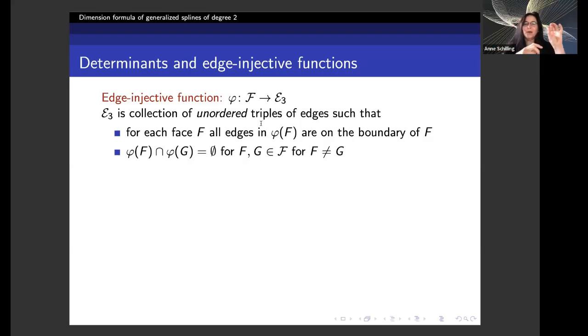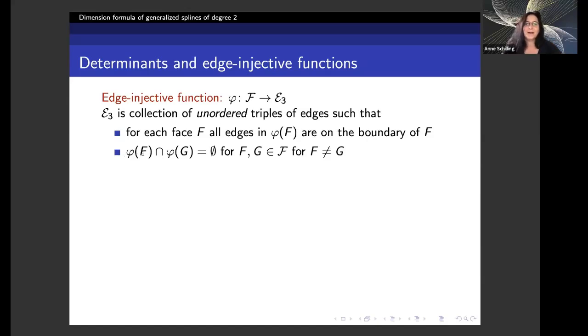So we are going to associate to a particular face F 3 edges, and these should be on the boundary of the face. And this is why it's called edge-injective: we want every edge to be associated to only one face.